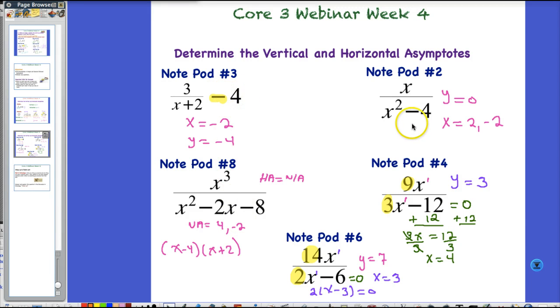If it's general, remember bottom heavy, it's 0. Top heavy, it's NA. And if it's the same heavy, then we divide our coefficients. All right, you guys, any questions now? Very nice job figuring those out. Way to persist, way to keep working.